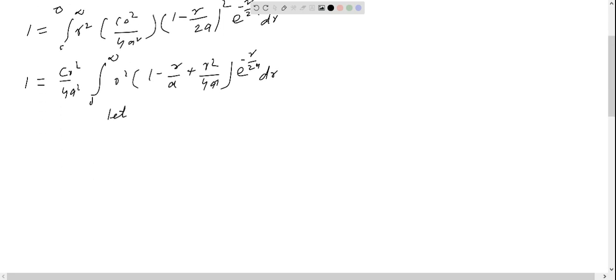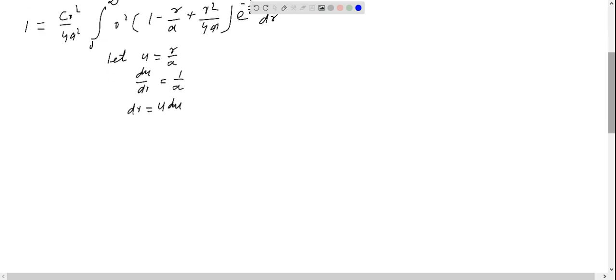So here let u is equal to r out of a, then du out of dr equal to 1 out of a, and dr is equal to a du.